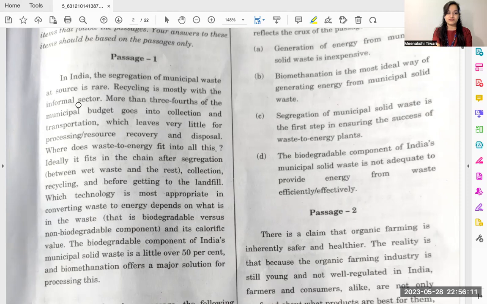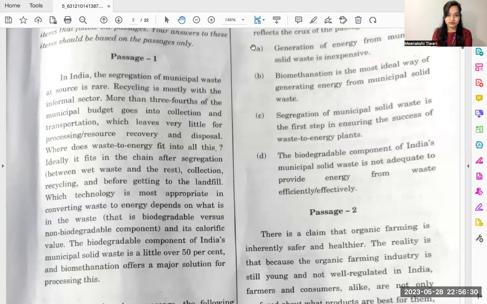Recycling is mostly with the informal sector. The informal sector, those who come to collect the garbage from outside, are not always municipal staff. So when you are reading a passage, it becomes very important to understand right from the beginning that when the passage uses the word rare, it is an indicator that it doesn't happen all the time.